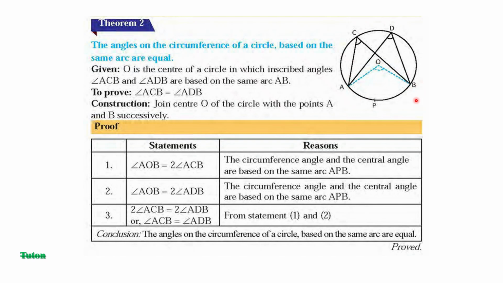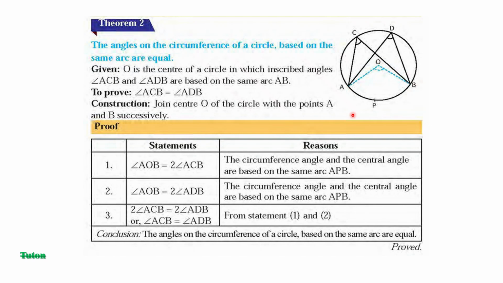Here the angles ACB and ADB are the circumferential angles, which touch the circumference of the circle at the points C and D respectively. Here we are given that O is the center of the circle and AB is the same arc. As I have said, AB is the same arc for angle ACB and angle ADB. Here we have to prove angle ACB and angle ADB are equal, which are the circumferential angles.